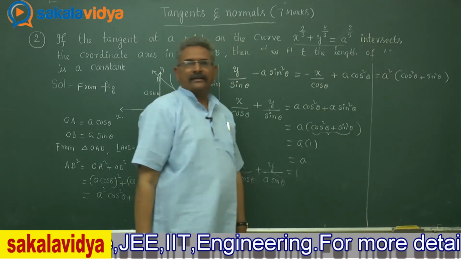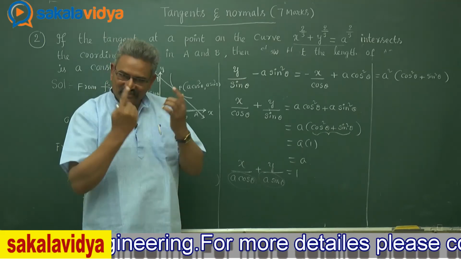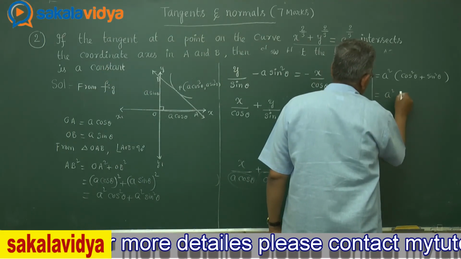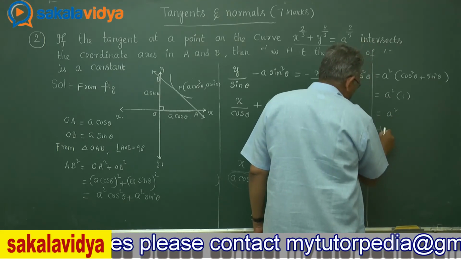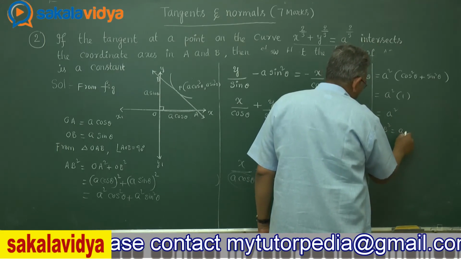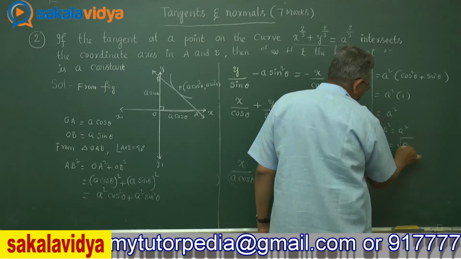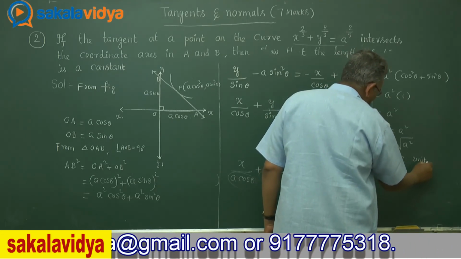The cos square theta plus sin square theta is how much? That's 1. So now we get a square times 1, so a square. Since AB square is equal to a square, AB is equal to root over a square, that is a. So that means a units.